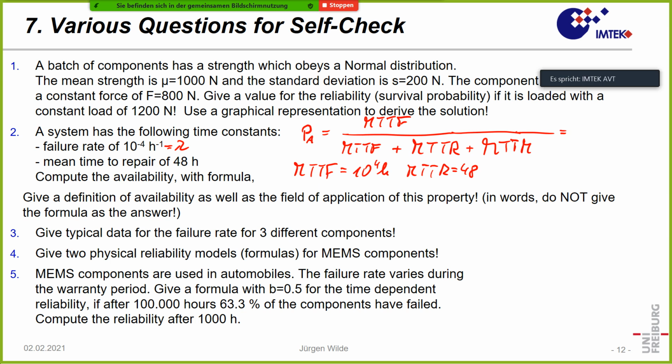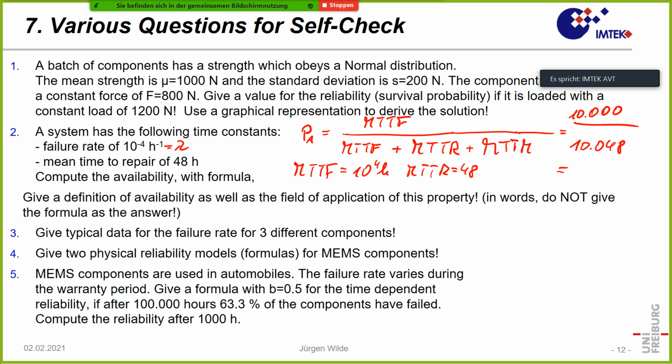So here it is 10,000 divided by 10,048. And how much is that?